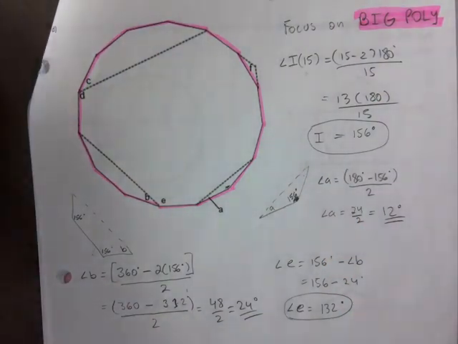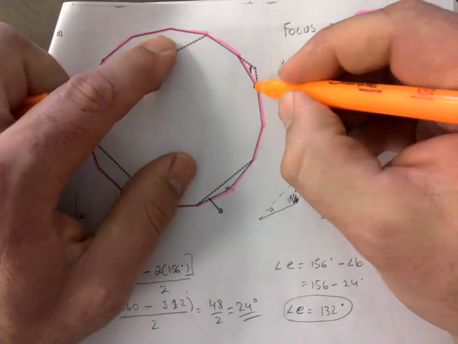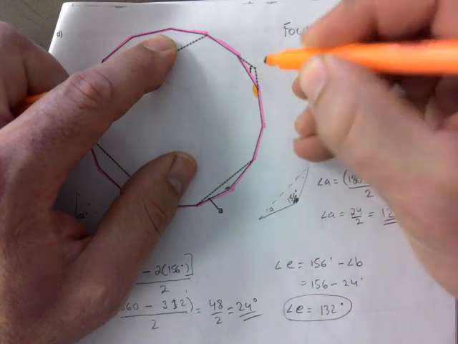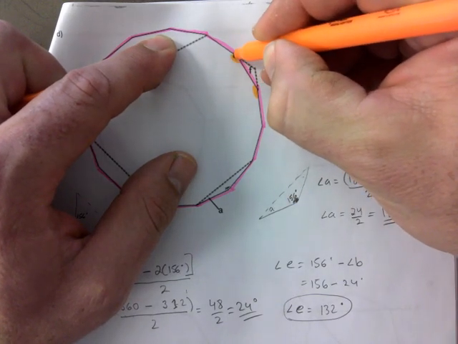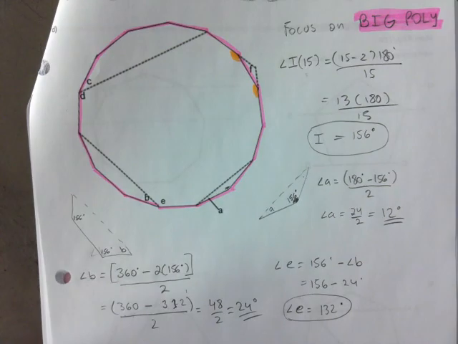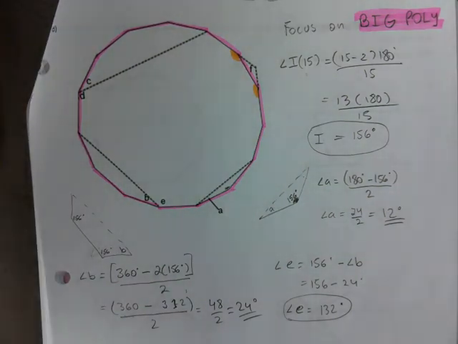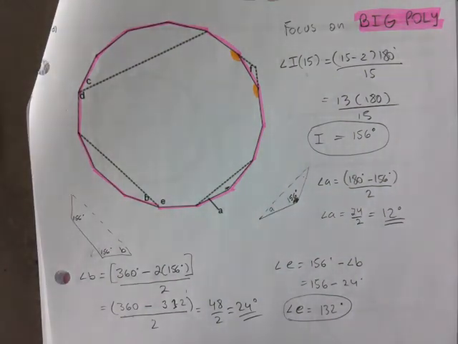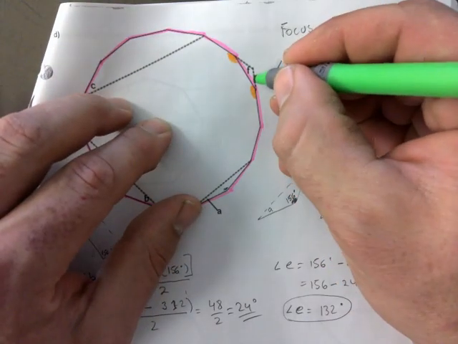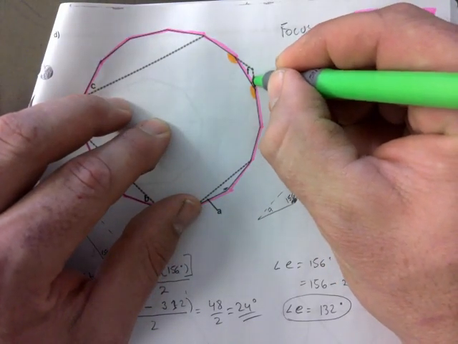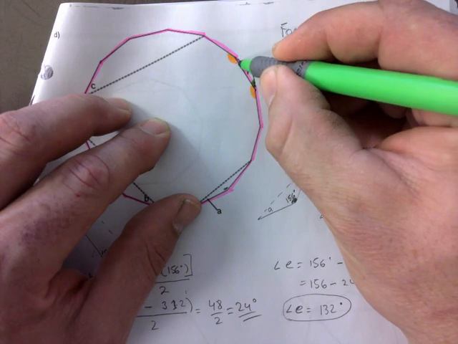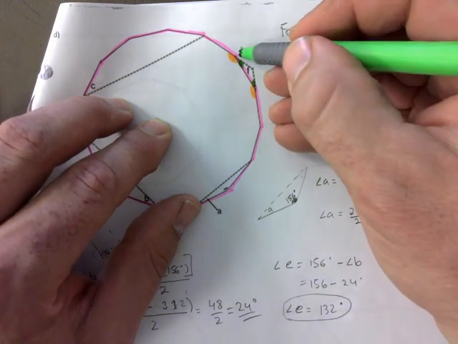I'm going to try with highlighters to make my point here. This is 156 here. This is 156. And I wish I could zoom in. I wish I had an iPad right now. But this one here and this one here, they're both exterior angles.